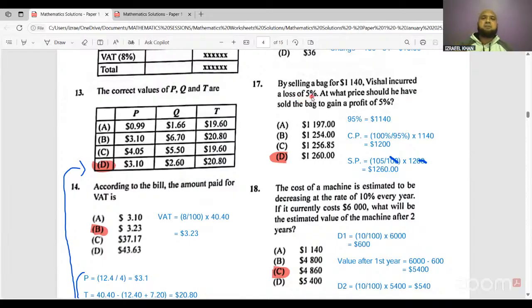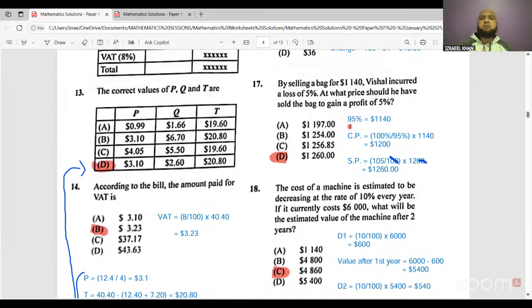Since he went below the 100% mark by 5%, he essentially sold the item, which is the 1140, at a 95% mark of the initial cost price.